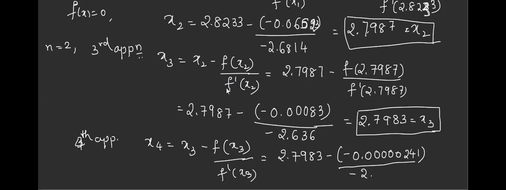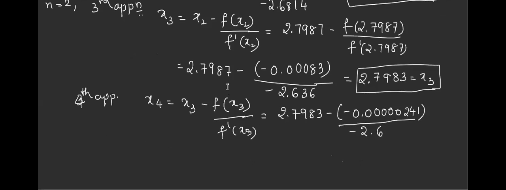This is minus 2.6. Calculate, no? Yes, ma'am. 2.7983, cos of 2.7983.